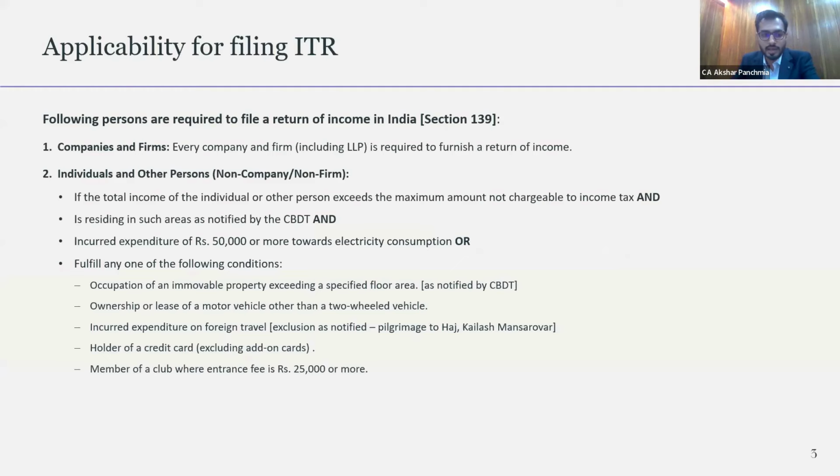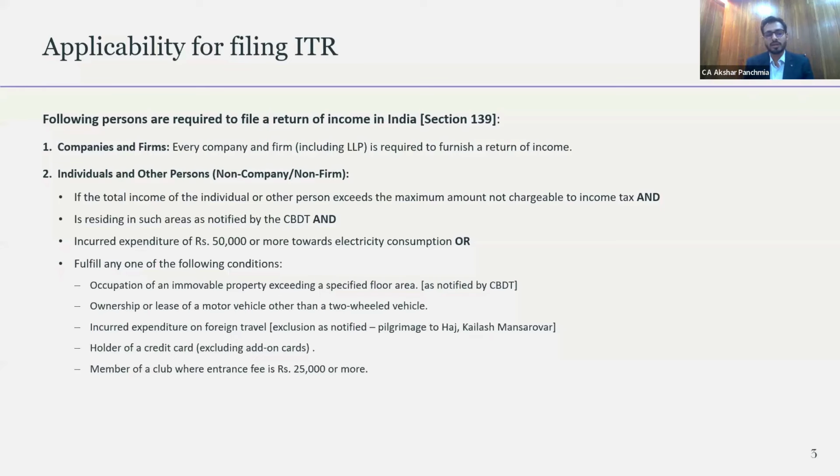Firm includes an LLP. Coming to 139(1)(b), it refers to every person not included above, that is not being a company and firm, who has to file a return. Now, it gets slightly complicated once your provisos start.